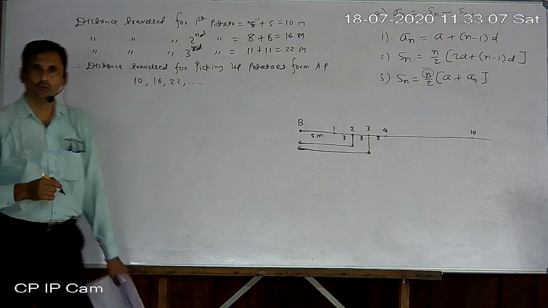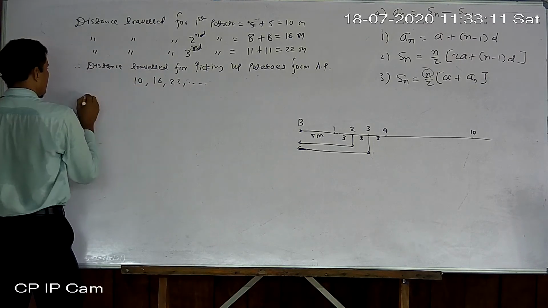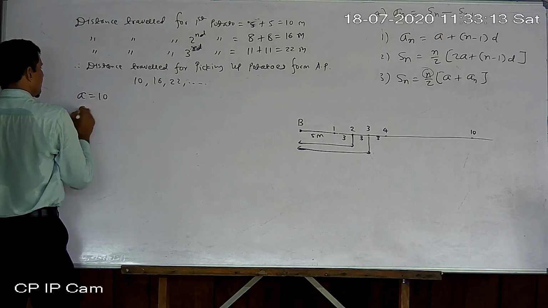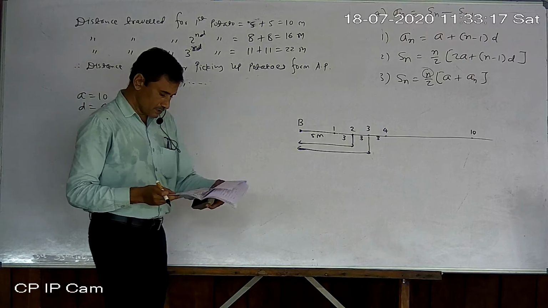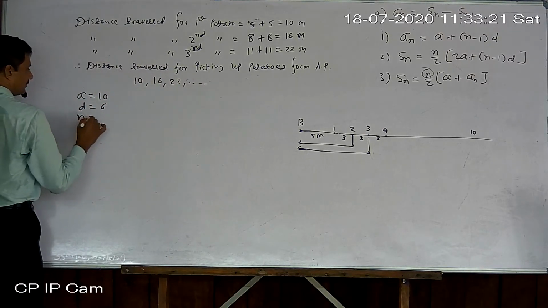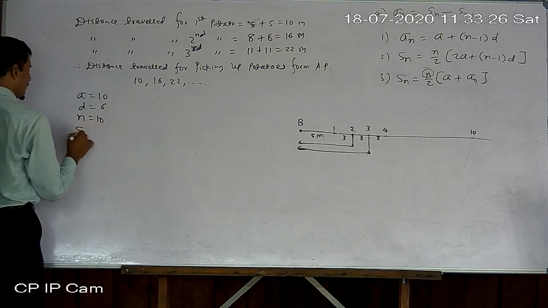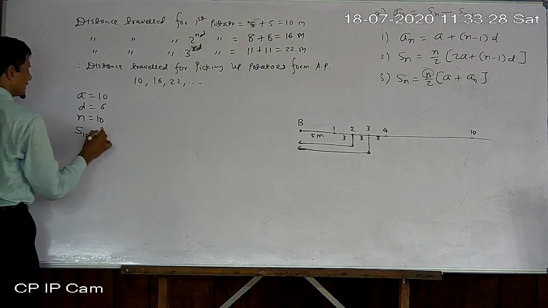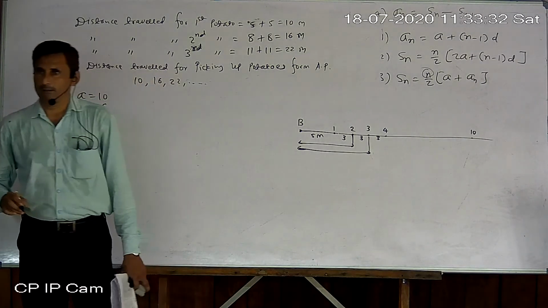Now write down the symbolic list here. a is 10, d is 6. What is the total distance the competitor has to run? n equal to 10 is given in the statement only. Now what should be the total distance he has to travel for collecting all 10 potatoes?